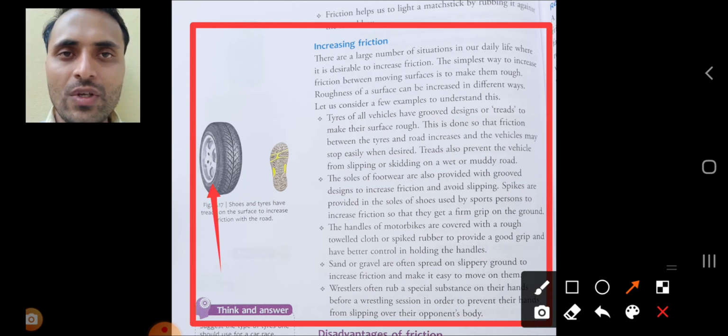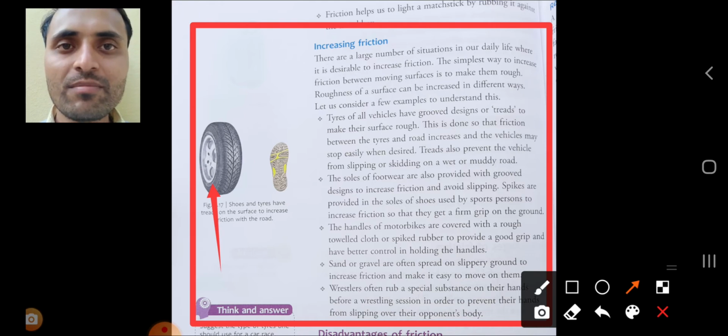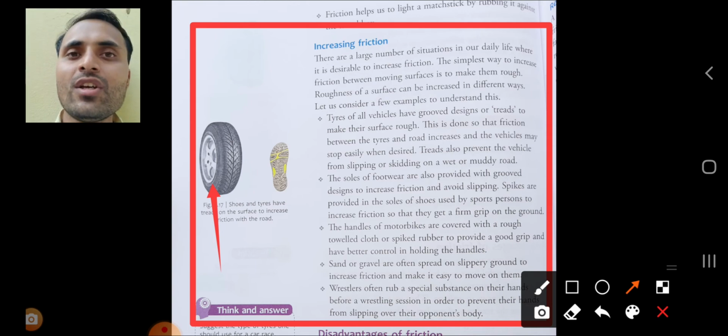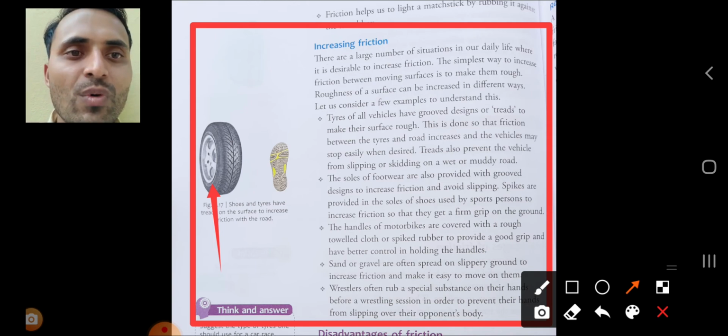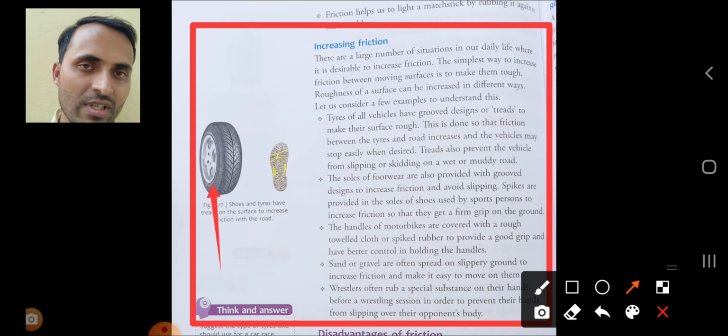They offer more frictional force and proper gripping between the road surface and the tire when our vehicle is moving, so that there is no chance of skidding or slipping of the vehicle. So by providing a special design, we can increase the frictional force.